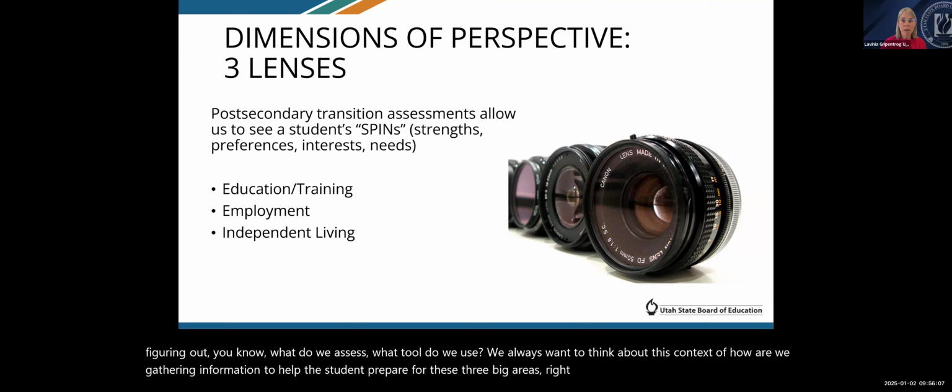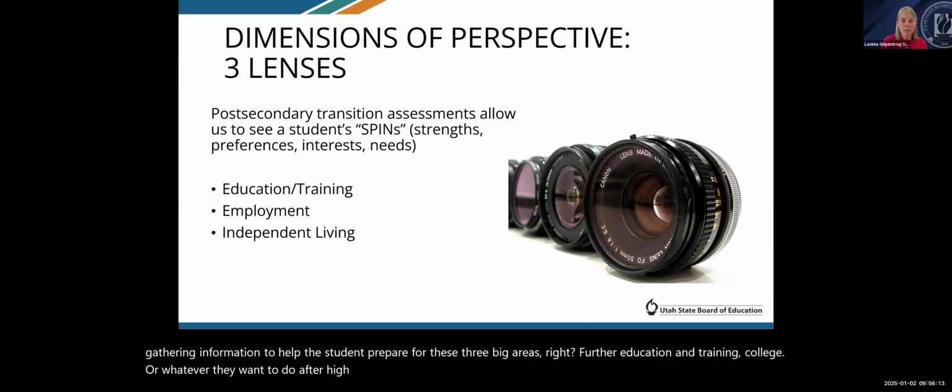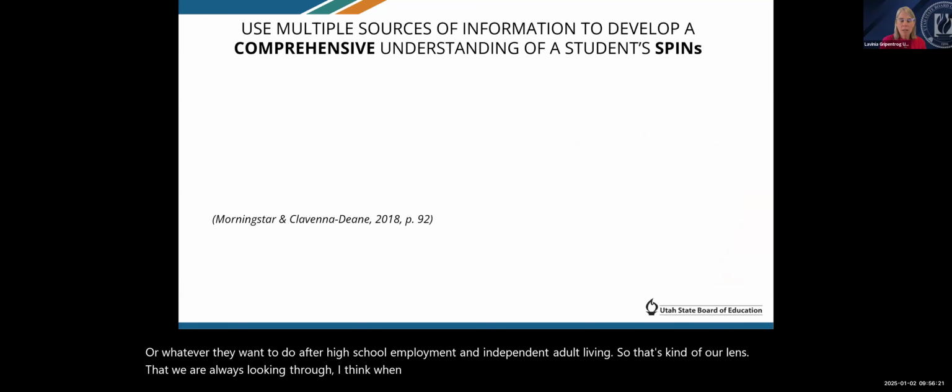Further education and training, college, or whatever they want to do after high school, employment, and independent adult living. So that's kind of our lens that we are always looking through, I think, when we talk about transition assessments.